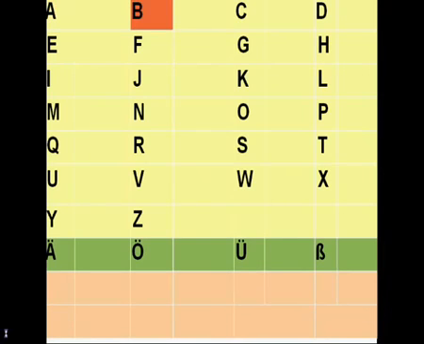A, B, C, D, E, F, G, H, I, J, K, L, M, N, O, P, Q, R, S, T, U, V, W, X, Y, Z, Ä, Ö, Ü.